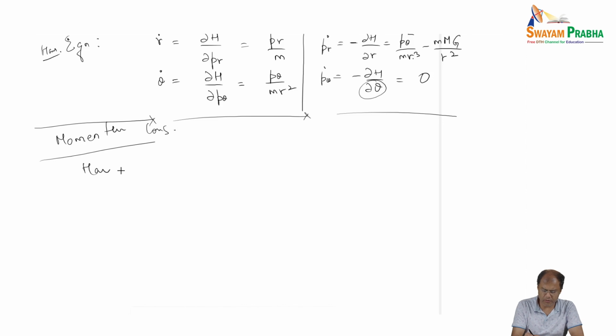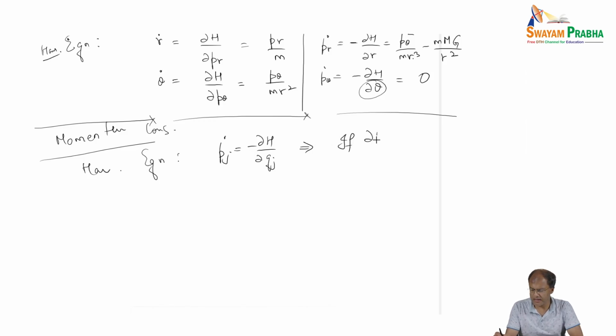From Hamilton's equation, we have Pj dot is minus partial h partial qj. If partial h partial qj is 0 on the right hand side, then qj is cyclic.